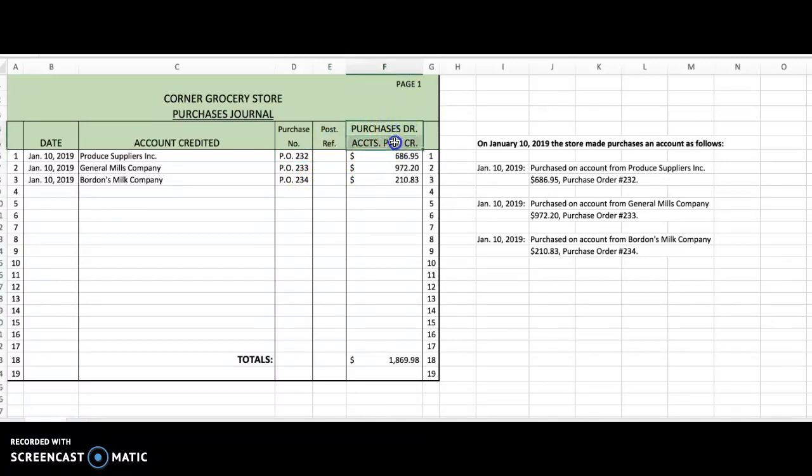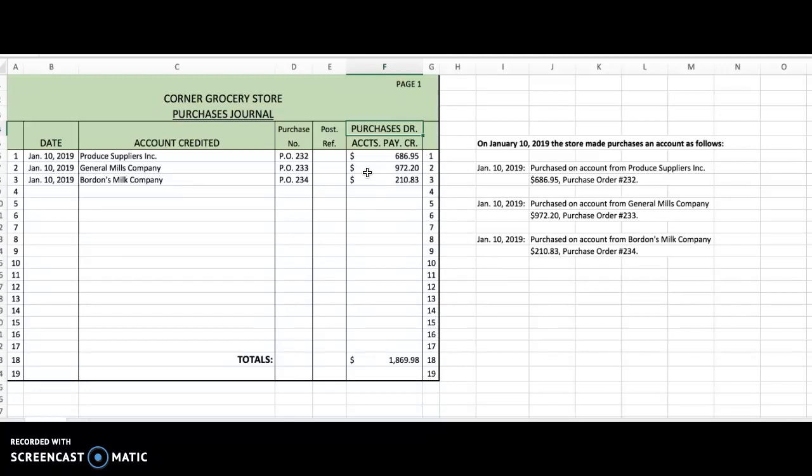And then this column is the single amount column in this journal. So it's fairly simple because there's only one amount column. But it has two headings. Purchases debit. If you remember back when we first introduced this last semester, for some reason, traditionally, the word debit in accounting is abbreviated DR. We don't need to go back and explain why that is.